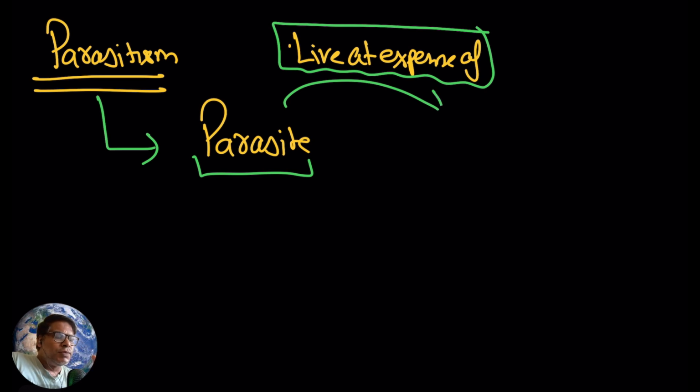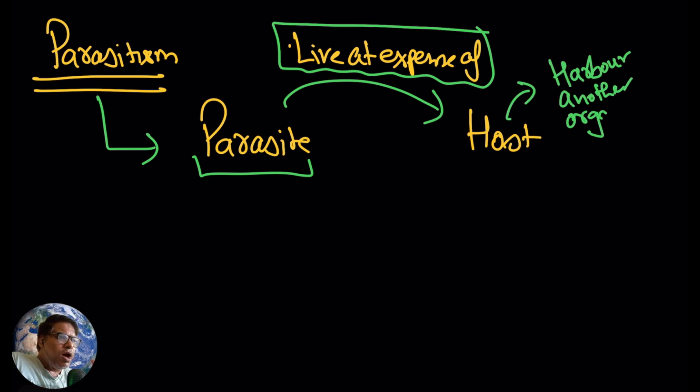So parasites are dependent on host for their survival. Keep in mind, the host actually harbors another organism. So host provides all the necessary facilities so that the parasite can survive in them.